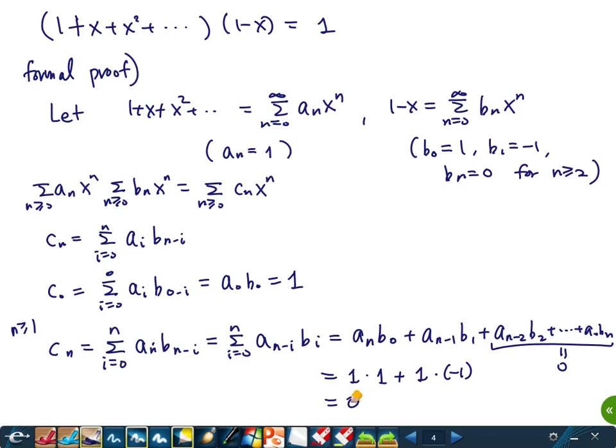So we have just proved that Cn is 0 if n is greater than or equal to 1. So this means, although this may look like an infinite series, we have just proved that this is 1 and these are all 0. So it's going to be 1.